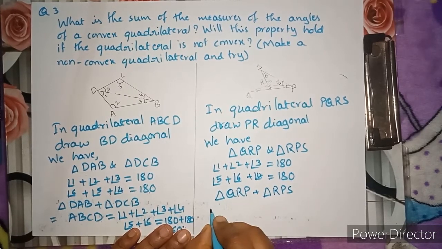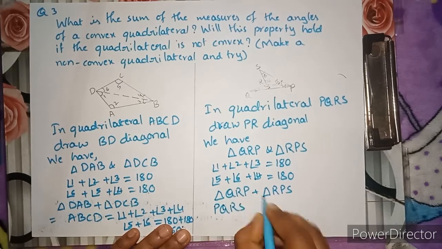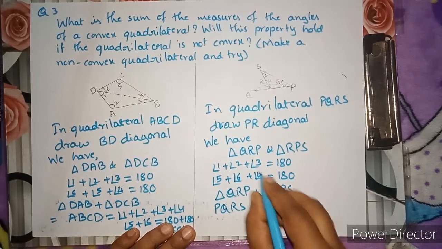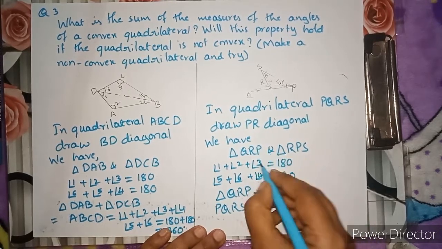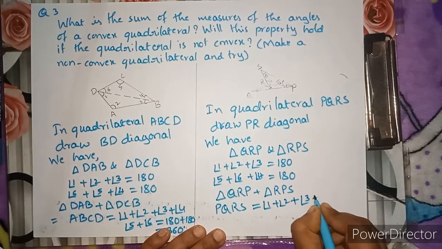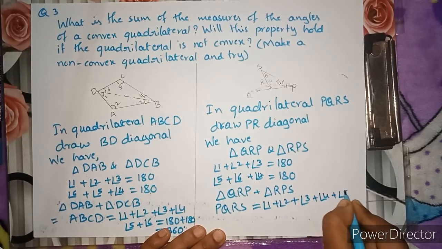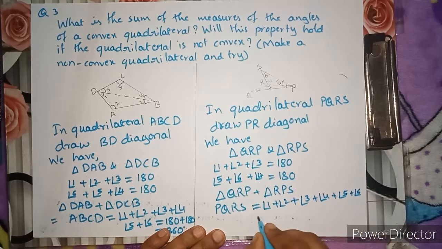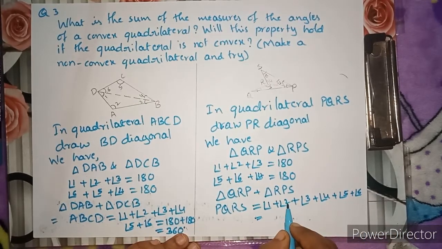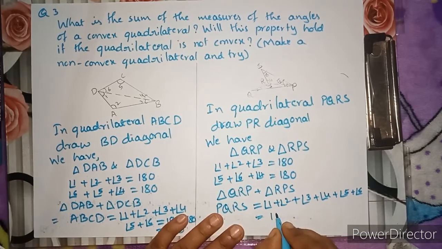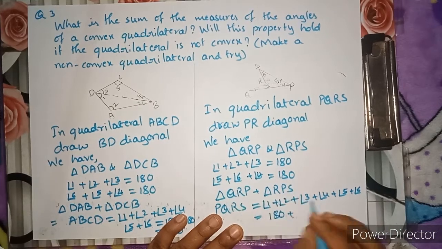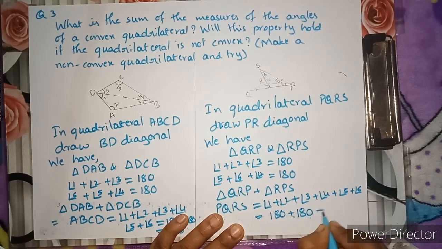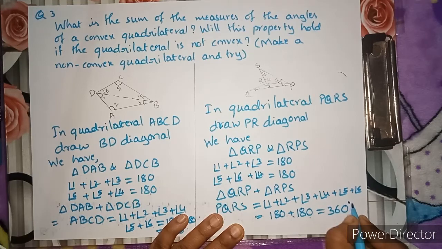So sum of angles of quadrilateral PQRS is equal to angle 1 plus angle 2 plus angle 3, plus angle 4 plus angle 5 plus angle 6. So angle 1 plus angle 2 plus angle 3 is 180, and angle 4 plus angle 5 plus angle 6 is 180. 180 plus 180 is 360 degrees.